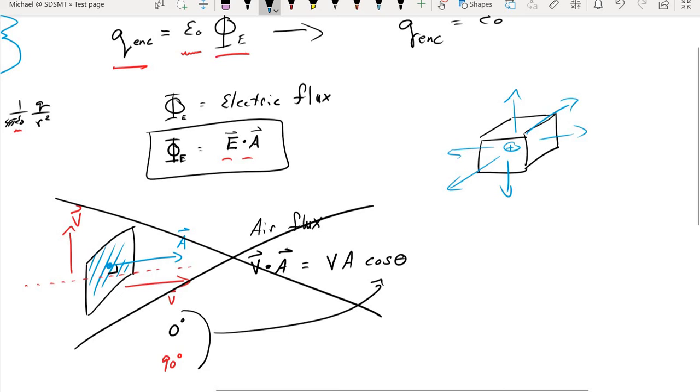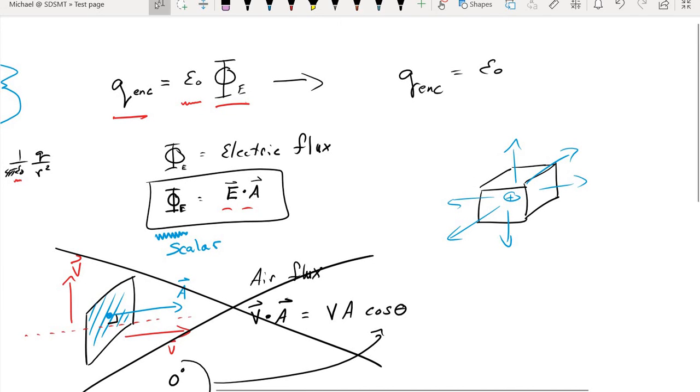And we need to know how the electric fields pass through each of those faces individually, and then since the product of a dot product is a scalar, we can actually add up the individual flux from each face of the container that we are using.